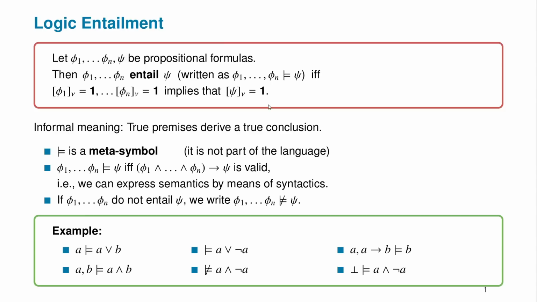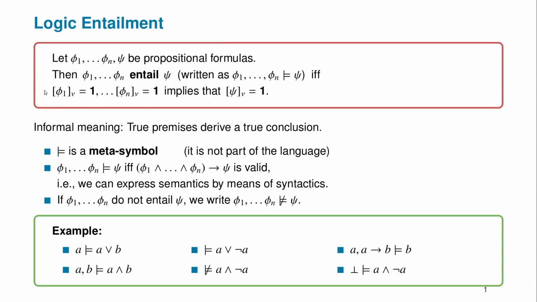Here I have it formalized. We are given n formulas, phi 1 to phi n, plus an additional formula psi. In our case, these are propositional formulas. And then we say phi 1 to phi n entail the formula psi if and only if we have that if phi 1 is true, phi 2 is true, phi n is true, so all of the phi i formulas are true, then it follows that psi is also true.